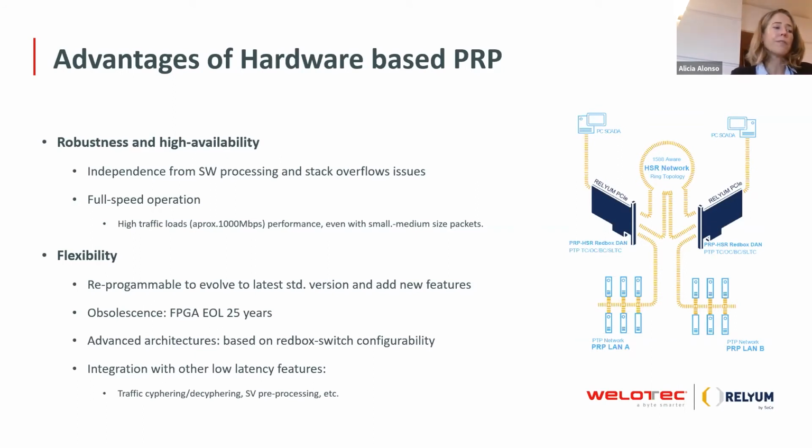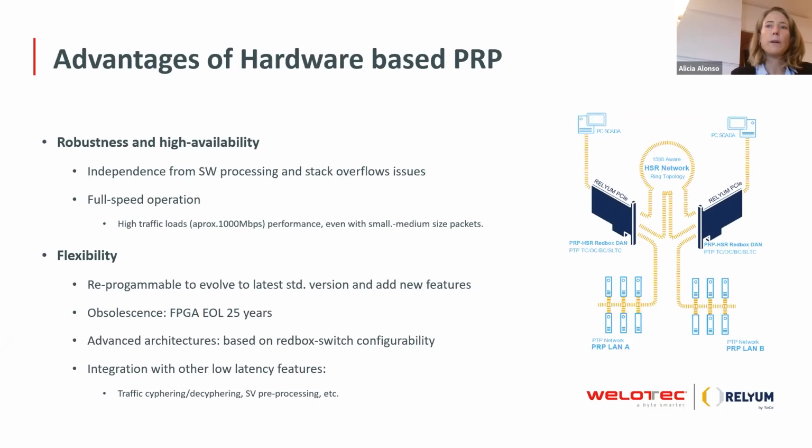And once you have separate hardware with these capabilities with an FPGA, you can implement advanced architectures like the one shown in this picture, where you see that PCI card with PRP implementation or HSR implementation by hardware can do quad box operation and combine an HSR network with a PRP network.